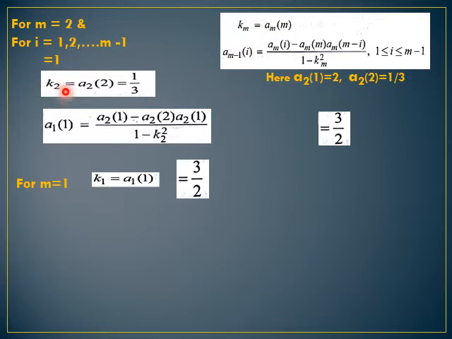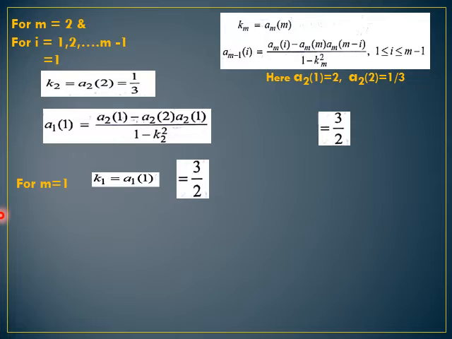We get K2 is equal to A2 of 2, which is 1 by 3 by the transfer function, and in this equation I'll get A1 of 1, which is equal to A2 of 1 minus A2 of 2 into A2 of 1 divided by 1 minus K2 square. So by substituting the value of A2 of 1 as 2 and A2 of 2 as 1 by 3 and the value of K2 as 1 by 3, we get the answer as 3 by 2.